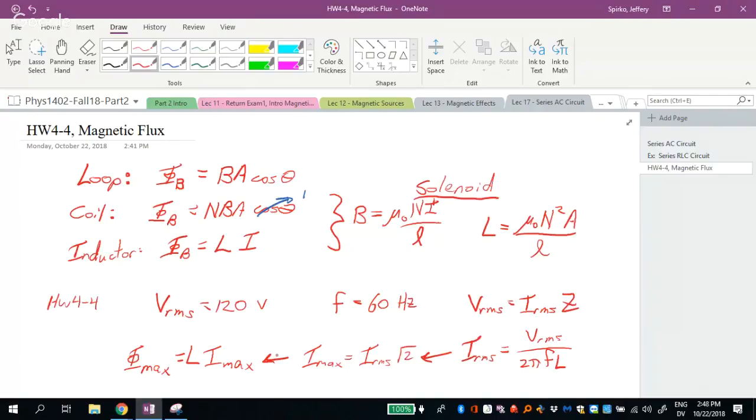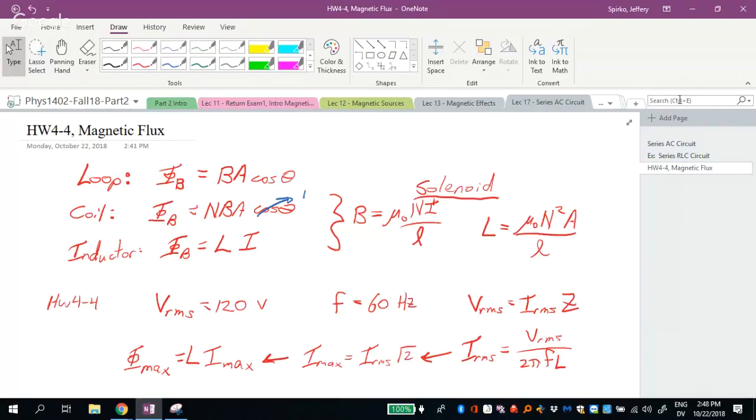So it doesn't matter what L is. So basically, any inductor that you plug into a wall outlet is going to have this same amount of magnetic flux. So I thought that was an interesting question, which is why I left it there.